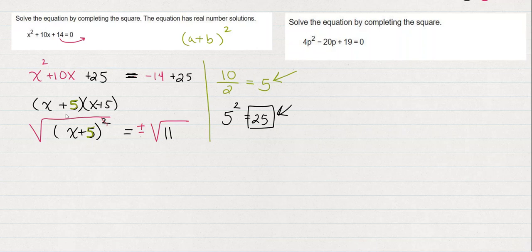The square root of a square, they undo each other because they're inverses, so I'm left with x plus 5 equals positive or negative square root of 11. Now all that I'll need to do to solve for x is subtract 5 from both sides, and I have it. x equals negative 5 plus or minus the square root of 11.